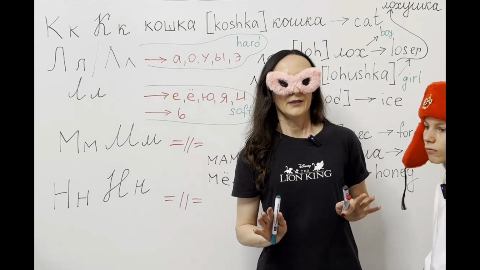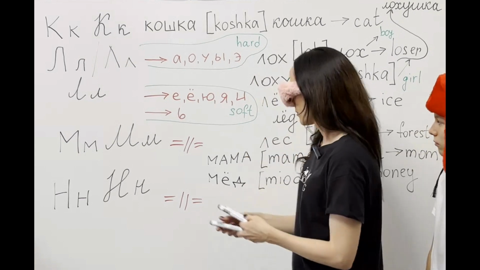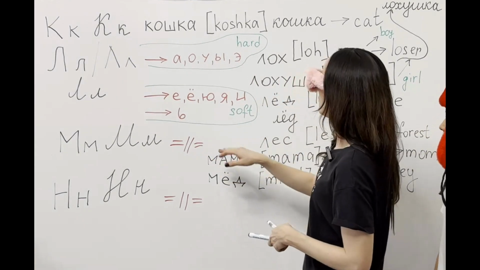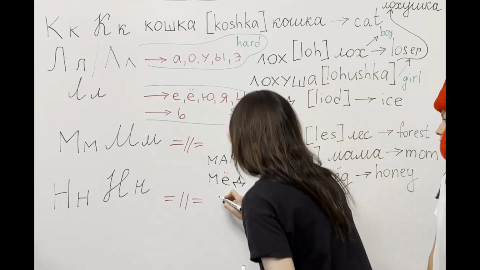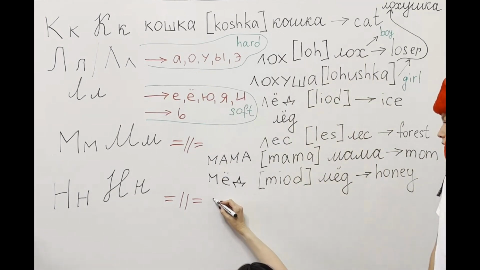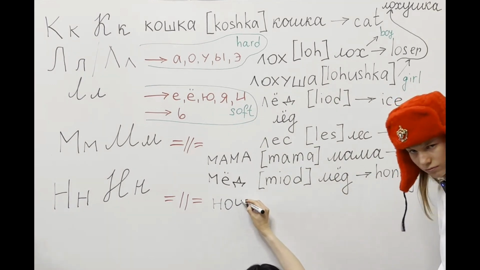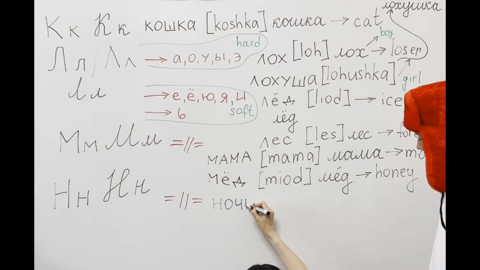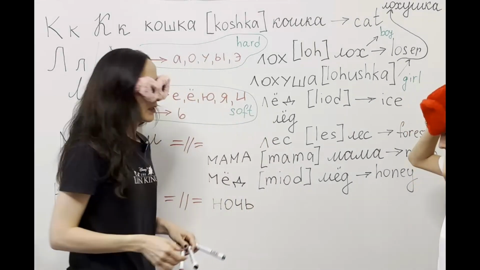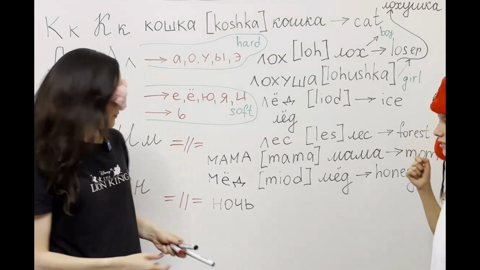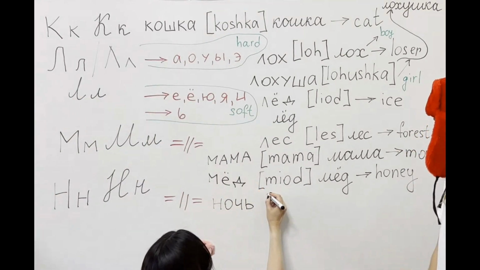It is hard in the word ночь because after it we've got O. What is ночь? Ночь is a night. But not a person on a horse. It's the time of a day. Night and day.